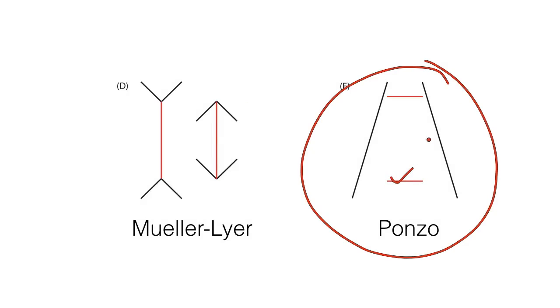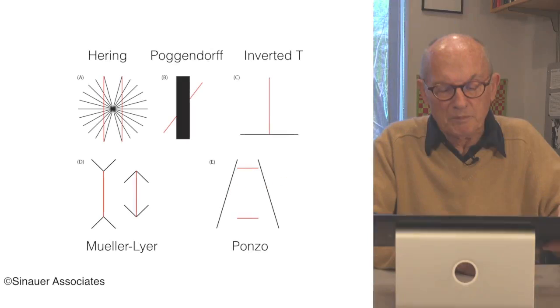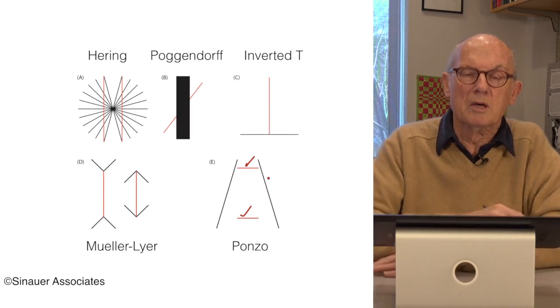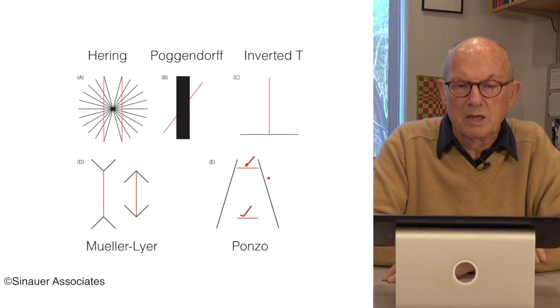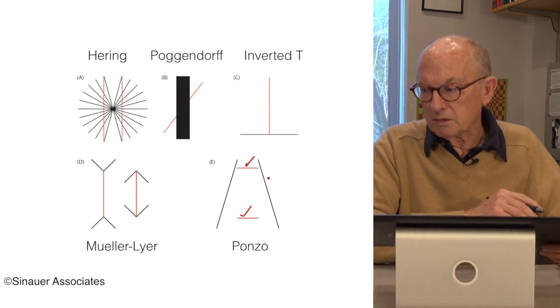It refers to the fact that these two lines are again identical in length, but when they are placed in the context of these two black lines that are more or less converging at some distant point in space, you see this line as being substantially longer than this line. That's the Ponzo effect.